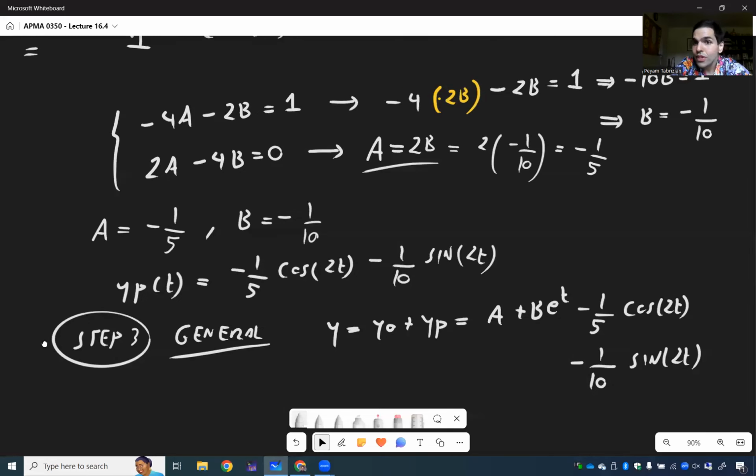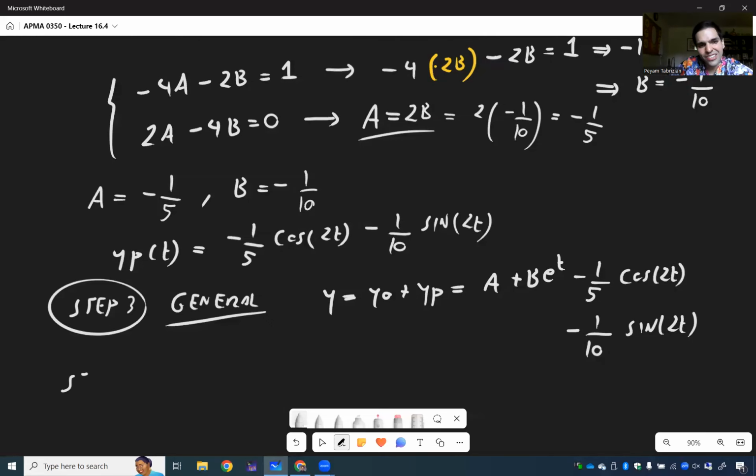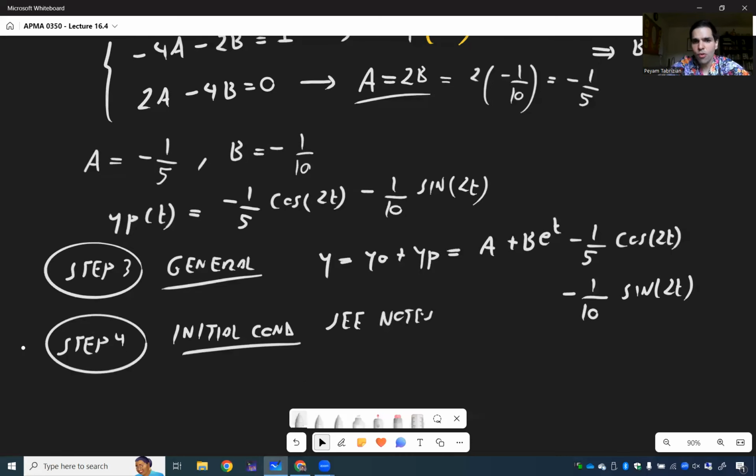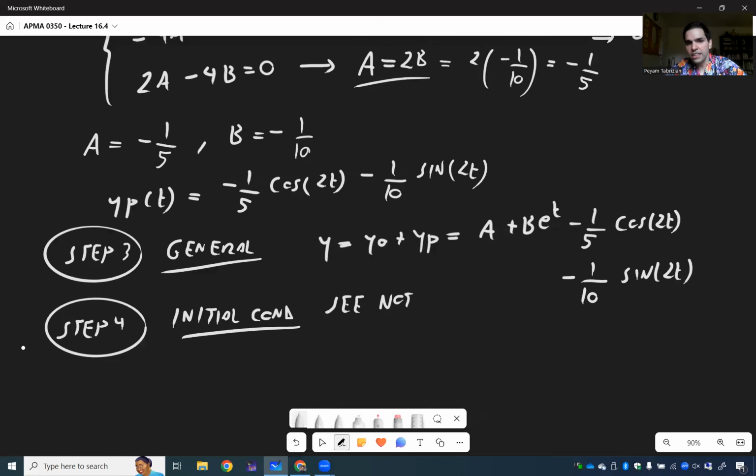For sake of time, I will not do the initial conditions; you can see them in the notes. But essentially, you have your formula for y, you plug in t equals 0, and then differentiate and plug in t equals 0, with y of 0 and y prime of 0 equal to minus 1.